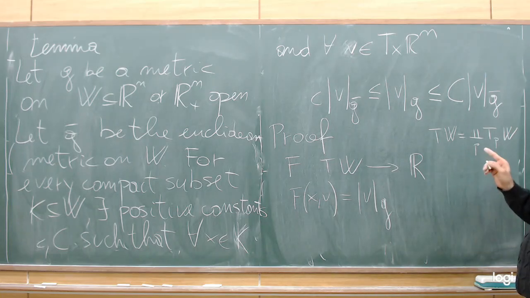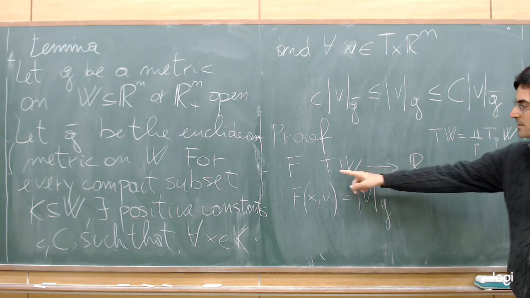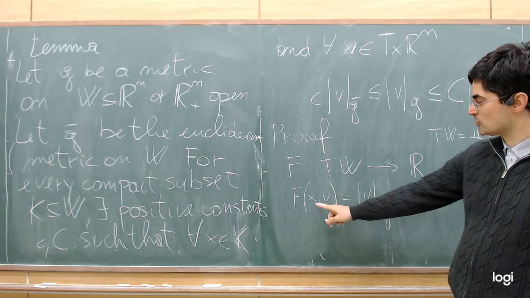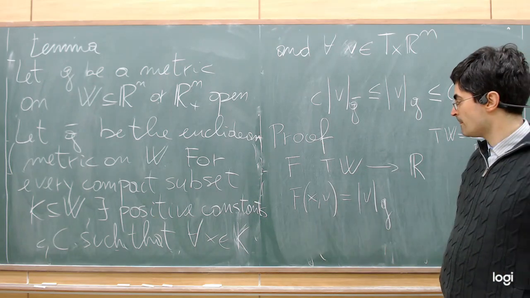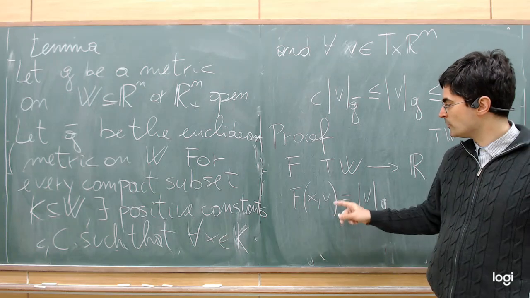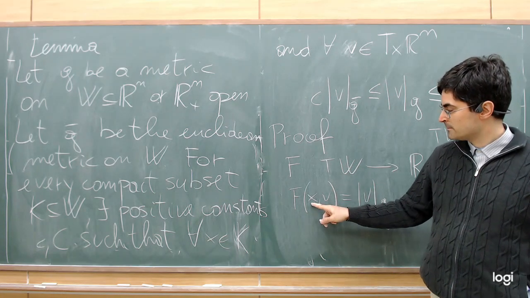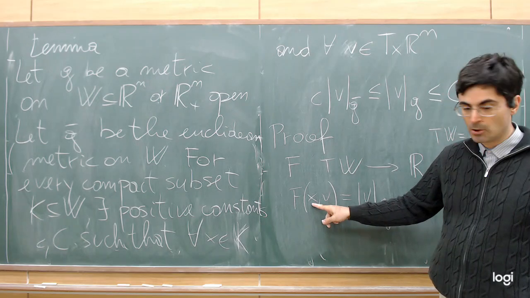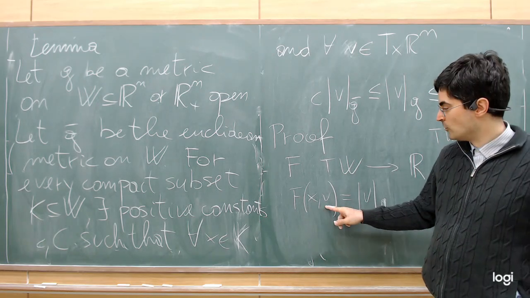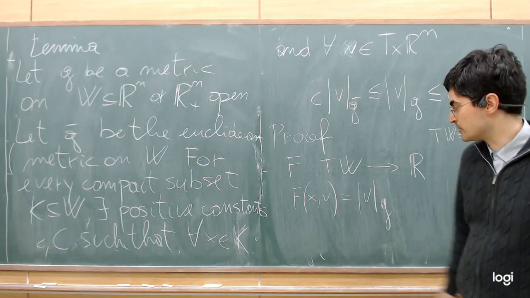So in order to identify an element of TW, you need to fix also the point. So the coordinates of a point in TW are the coordinates of the point followed by the components of the vector.